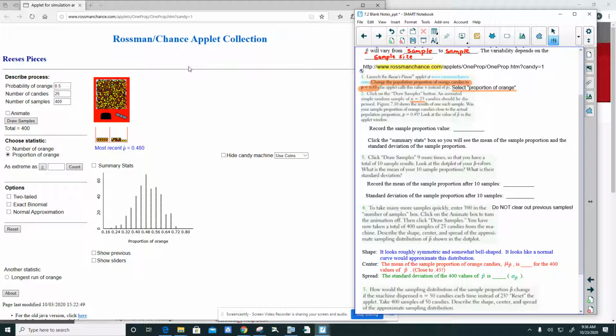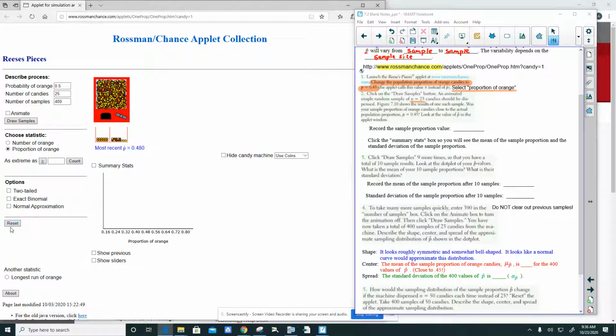Along the left side here, you can see this is an applet, which is just a piece of statistical software that lets you run different simulations. I'm going to reset this here. I believe that's the normal setting we would get when we open up this website.